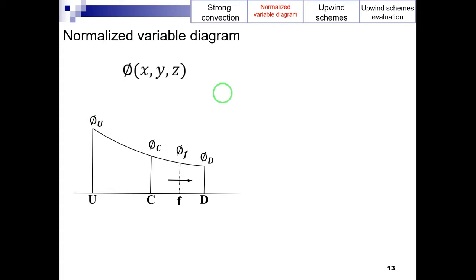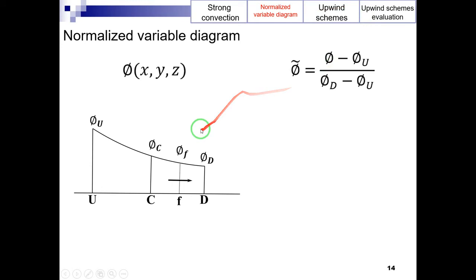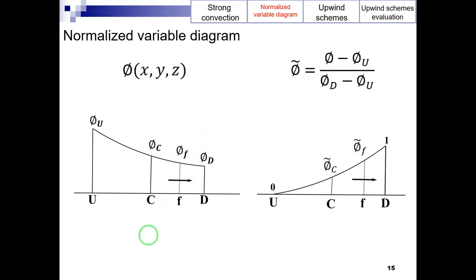Let's now define the locally normalized variable phi as follows. Using this normalized variable, this figure here can be plotted in terms of the normalized variable as follows. What is important here is that in terms of the normalized variable, the value of phi at upstream is equal to 0, and at downstream is equal to 1.